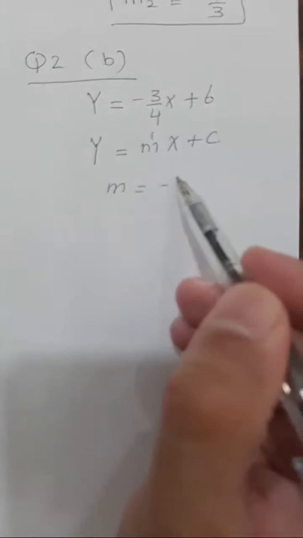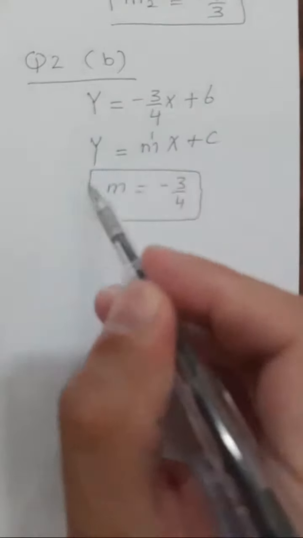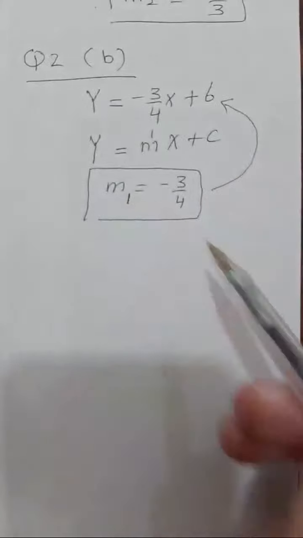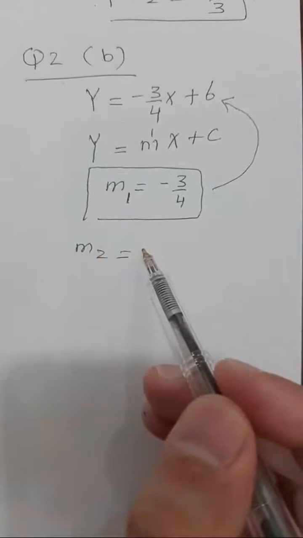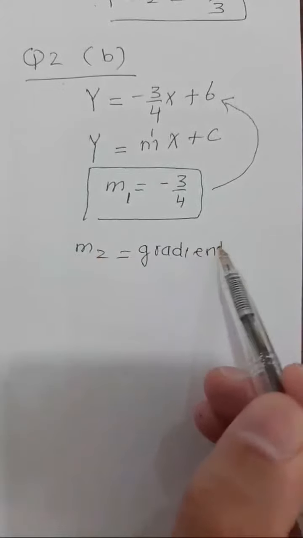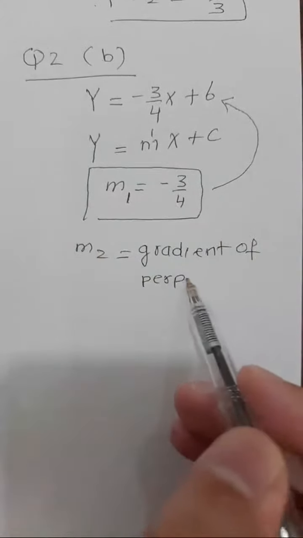So m is -3 over 4. This is the gradient of this given line. Let's take it as m1. m2 is the gradient of the perpendicular line which is to be obtained.